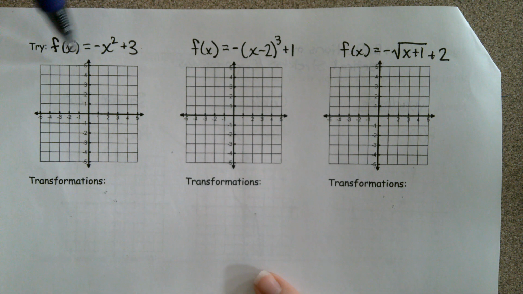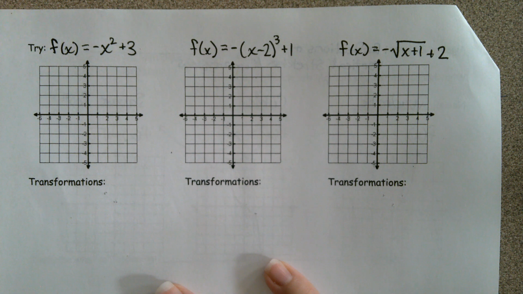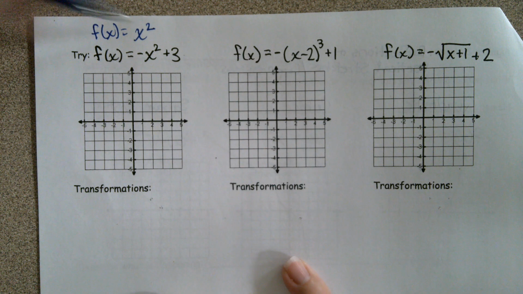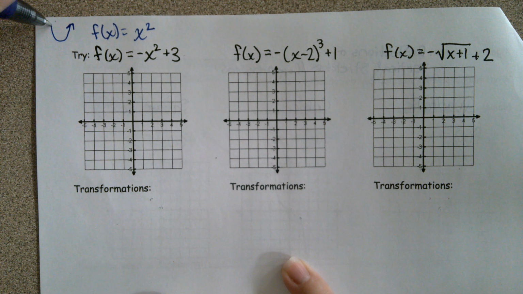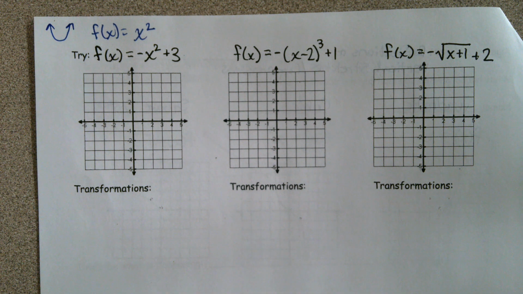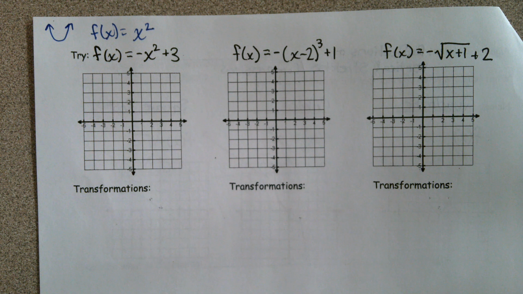First, we have f of x equals -x squared plus 3. First, we want to think about the parent graph, which is f of x equals x squared. And remember that this graph has a U shape to it. First thing we want to do is find the transformations. So we're going to look at the original function and compare it to ours and see what the changes are.